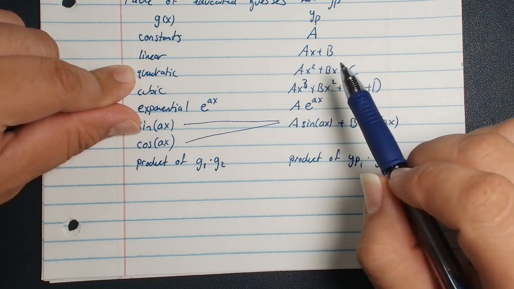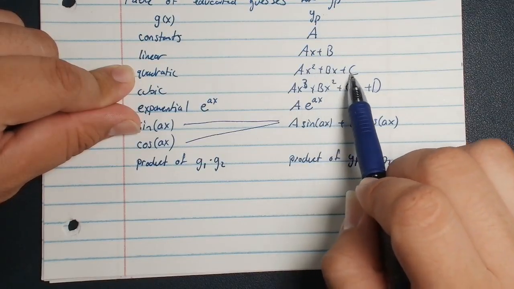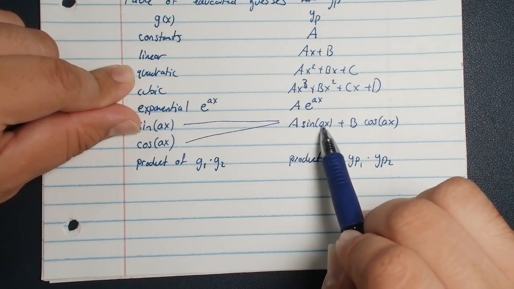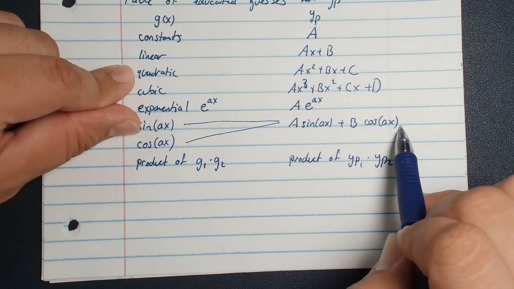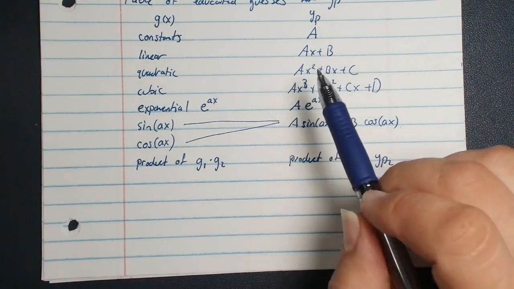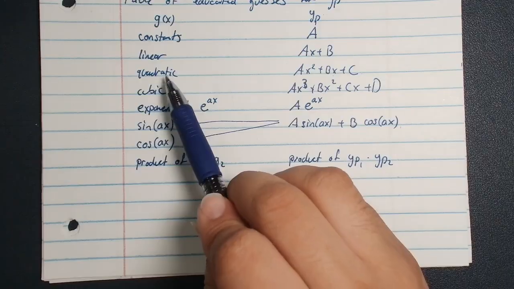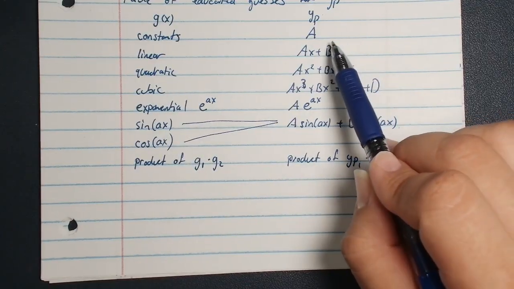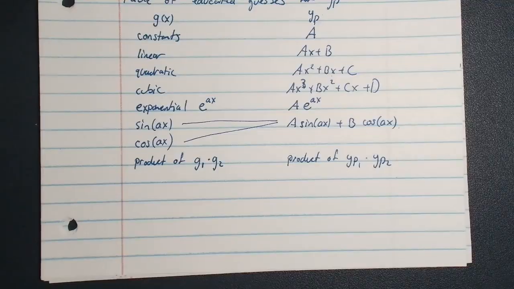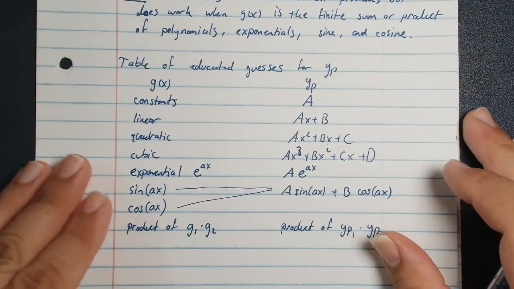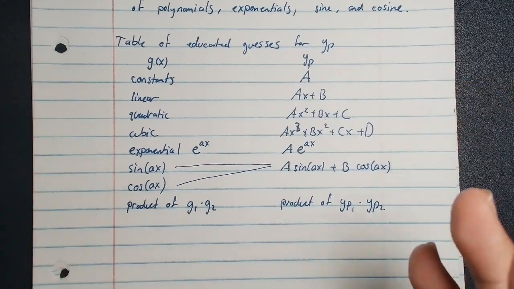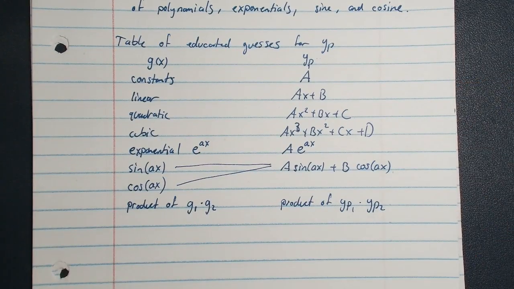Then I expect my final answer to be ax squared plus bx plus c times a sine ax plus b cosine ax. Something like that. I would expect the product of input functions to yield the product of particular solutions. But with something like this, there's not much more to it than to actually start doing these problems and seeing how they work out.